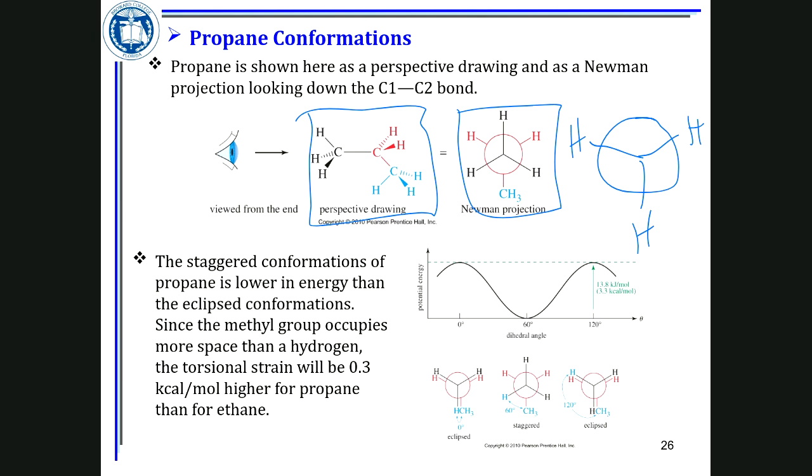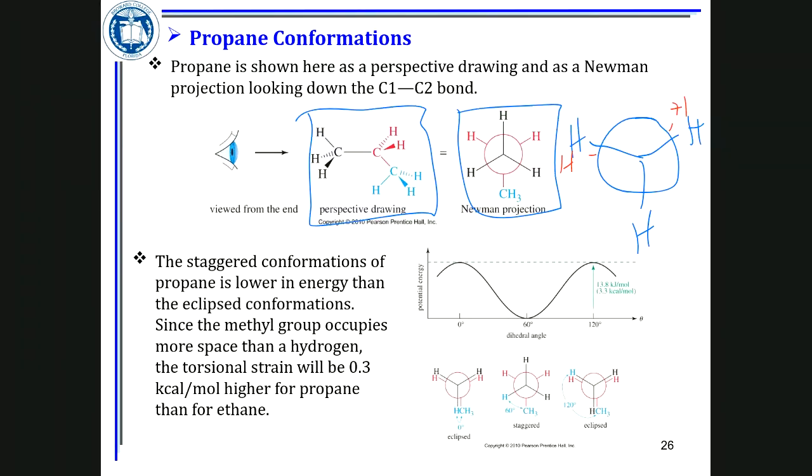For the eclipse position that I have right now, in the model that I'm showing you, there are hydrogens hidden behind this hydrogen. So we start the bond from the edge of the circle, and we have 1 hydrogen here, and the third one is a CH3.